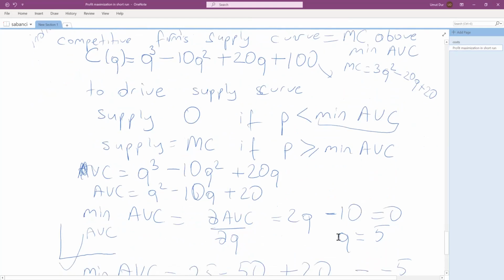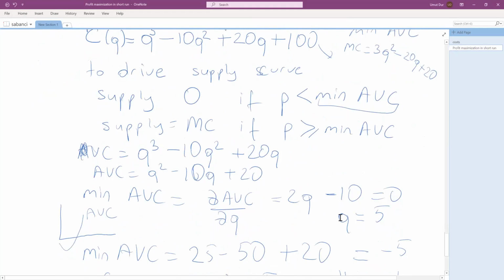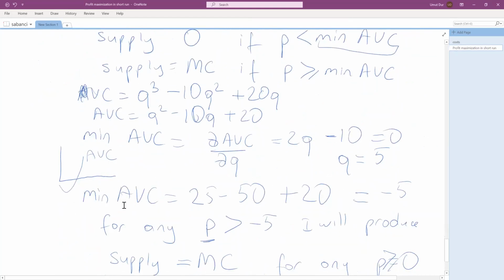This is the point where we achieve the minimum of the average variable cost, which is 5. Once we evaluate this 5 at the average variable cost curve, we find that the minimum of the average variable cost is negative 5.